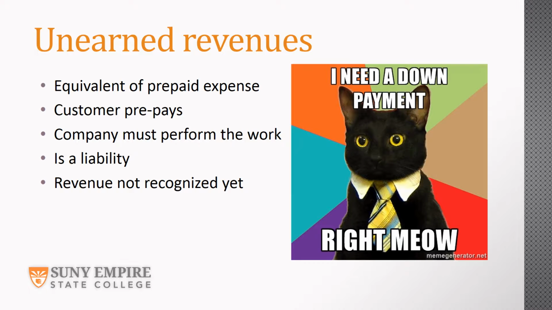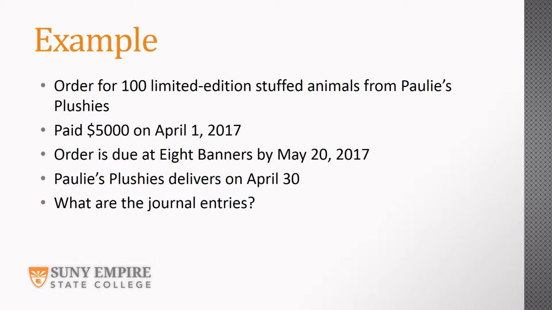The company must deliver the goods or perform the service. Therefore, the unearned revenue acts as a liability. It is also important to note that the revenue from the sales is not recognized until the goods are delivered or the work performed. Let's consider an example.